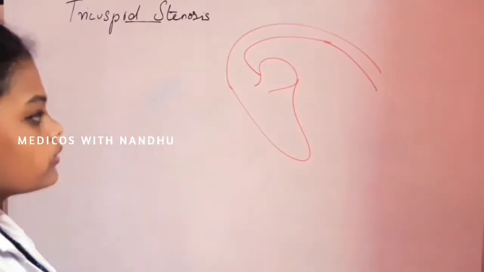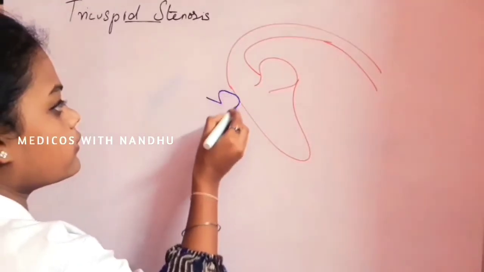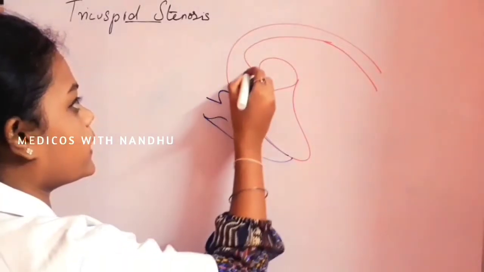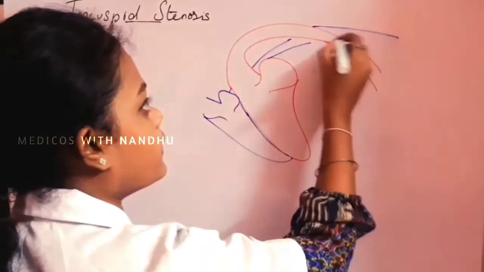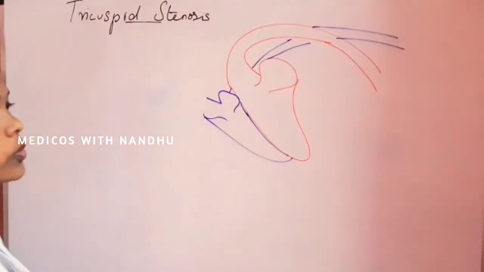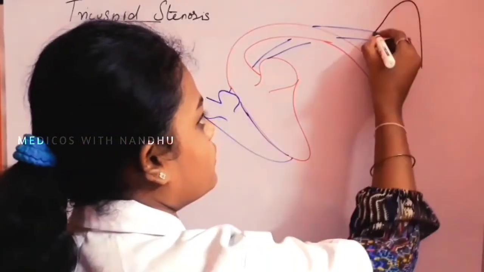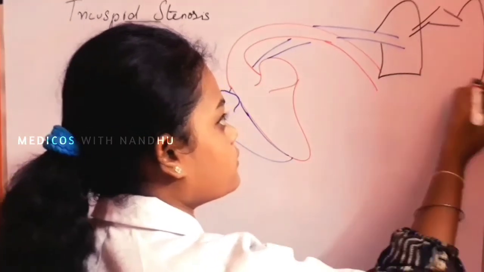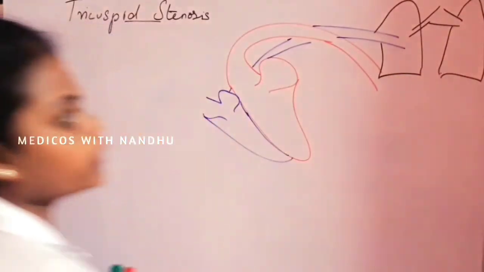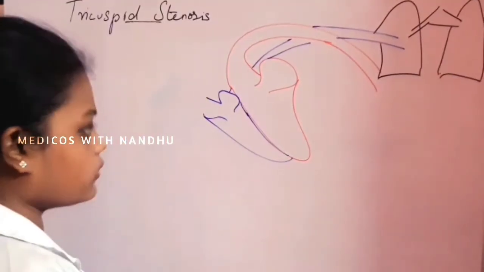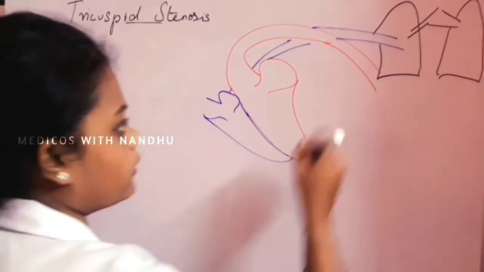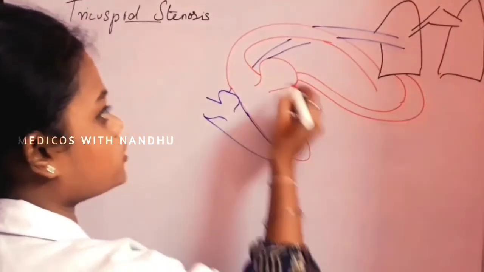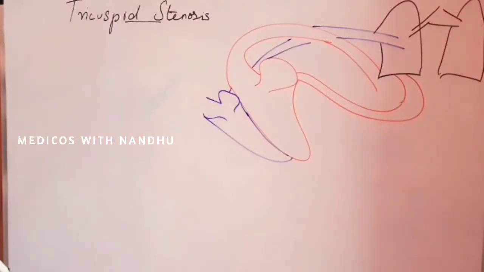On the right side, we have the right atrium, right ventricle, and the pulmonary artery, which leads to the lungs. The lungs then have a pulmonary vein, which directs blood to the left atrium.